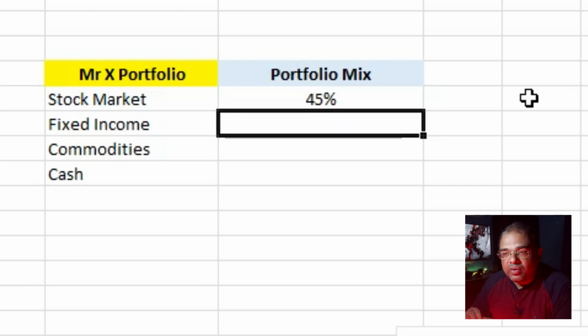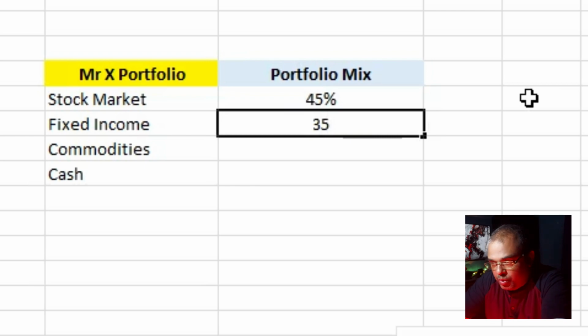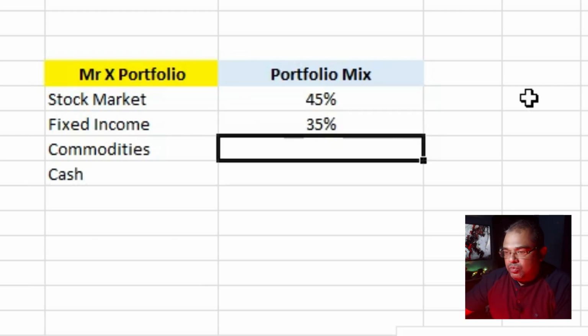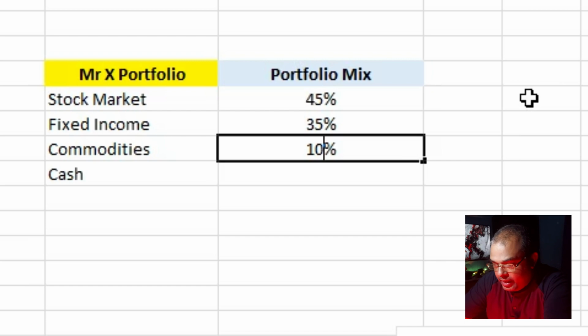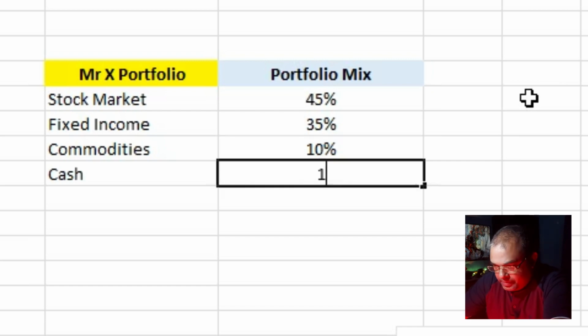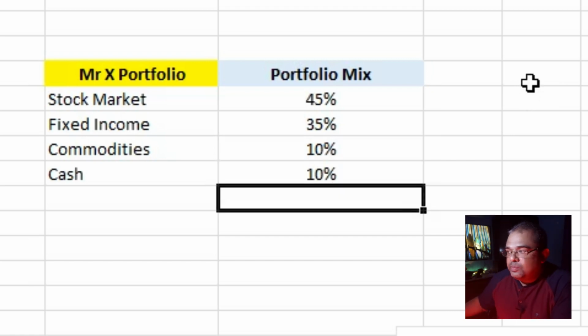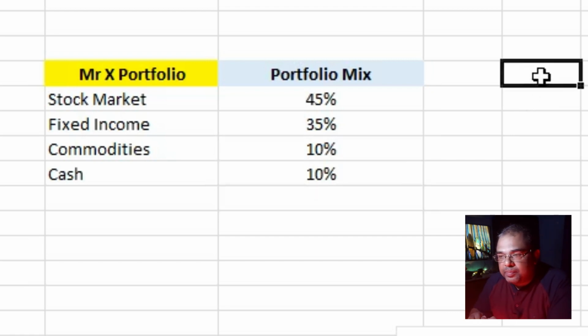So he puts in around 45% in the stock market, around 35% into fixed income instruments, around 20% into commodities, or maybe around say 10% in commodities, and he keeps 10% cash at hand. So this is the portfolio mix that he has prepared for himself, right?